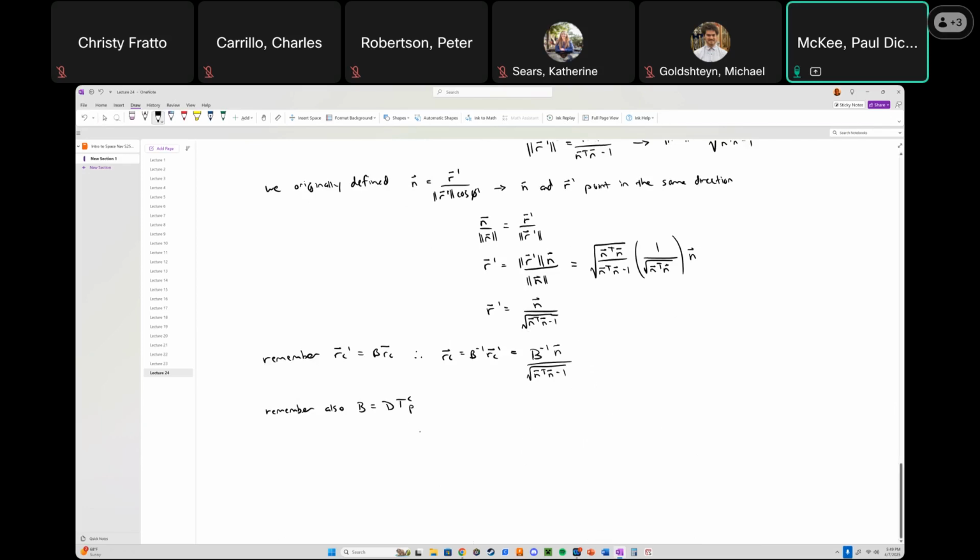So by that same logic, B inverse is T camera to planet inverse times D inverse, which is T planet to camera, where that's just the transpose of T camera to planet. So we're assuming that we know our camera attitude before we start this problem. That was kind of baked in. And D inverse is the easiest form of the planet shape matrix. It's literally just A, B, C along the diagonal.